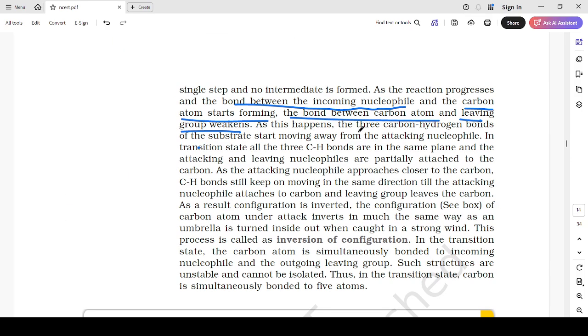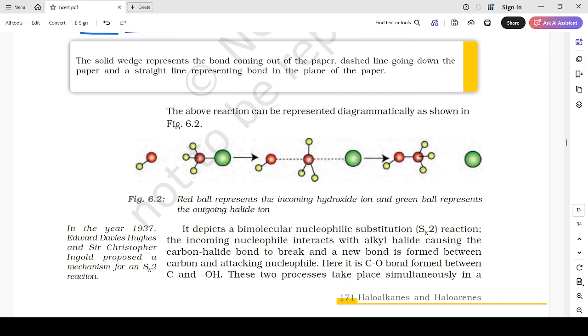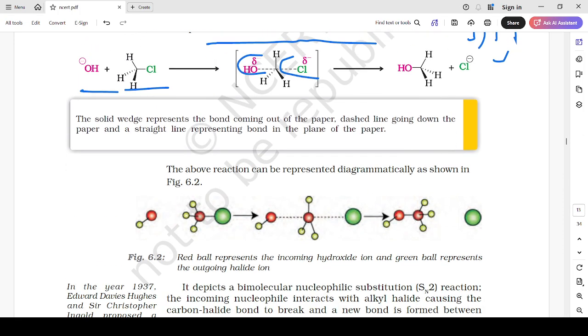As this happens, the three carbon-hydrogen bonds of the substrate start moving away from the attacking nucleophile. Look at this here. Initially, these were the three hydrogens. The yellow colored balls are their hydrogens here. Hydroxide ion was approaching, and once it was approaching, you can see they are arranging themselves, moving away from the hydroxide ion.